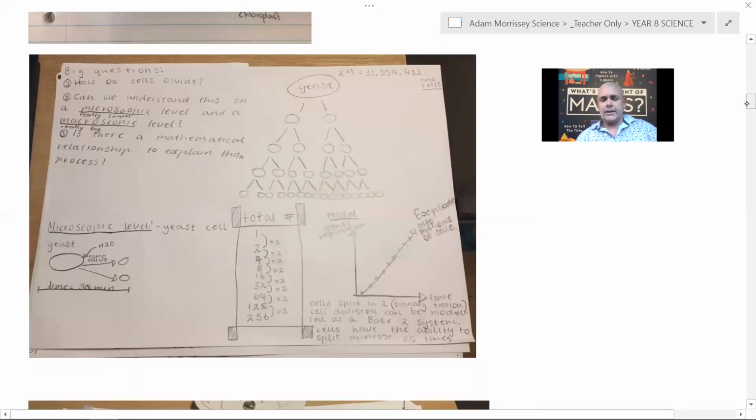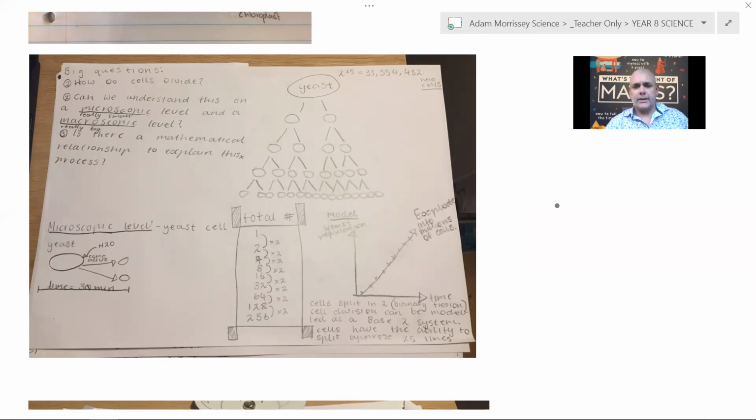And I get them to think about how the yeasts are dividing, and quite quickly they work out that they're splitting in two. And I asked them to create a little simple scenario where we can model that, what happens if we started with one yeast in our pizza dough, and the yeasts were dividing every 30 minutes.